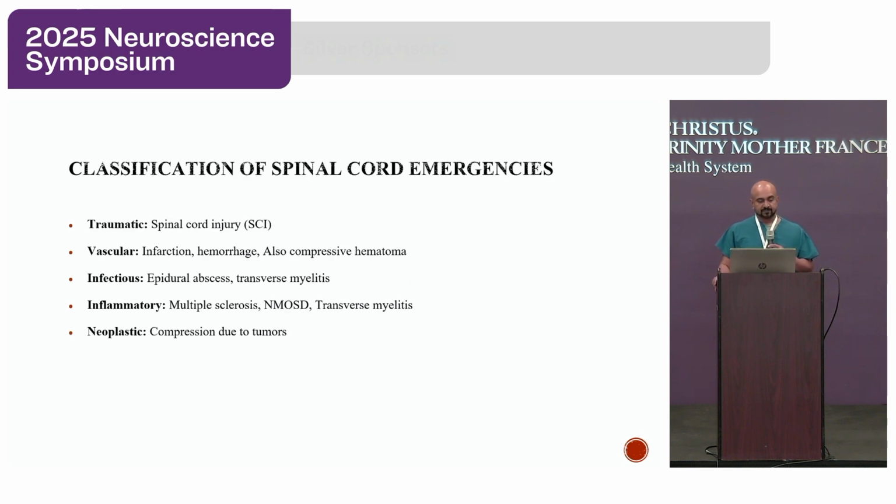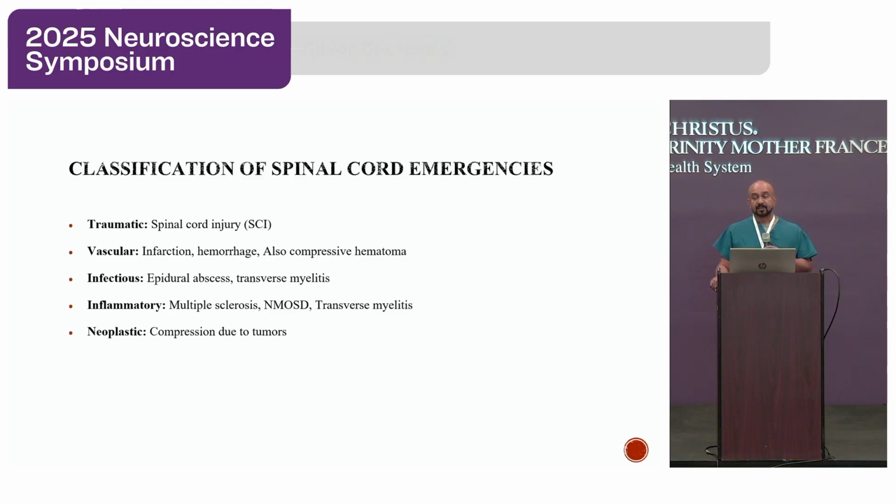So we'll talk about the classifications of the spinal cord emergencies. Traumatic spinal cord emergencies, we call SCI in the ICU, right? Vascular etiologies are infarctions, hemorrhage, also compressive hematomas. Infectious etiologies, epidural abscesses, transverse myelitis, can cause spinal cord emergencies as well.